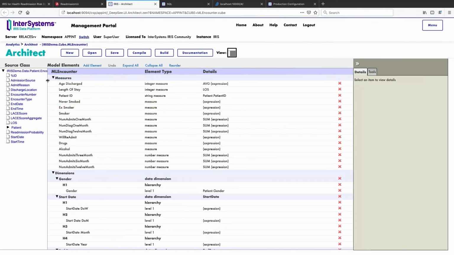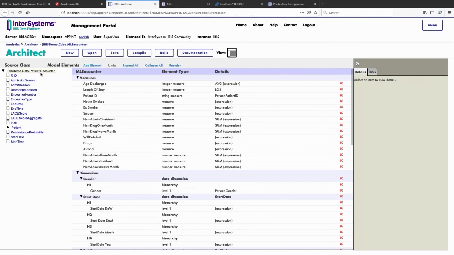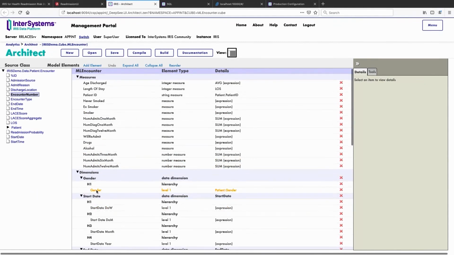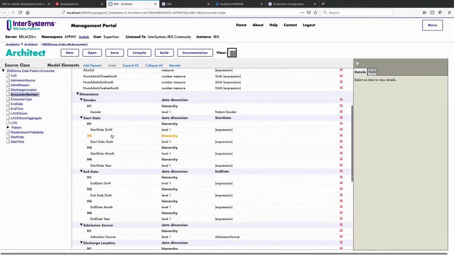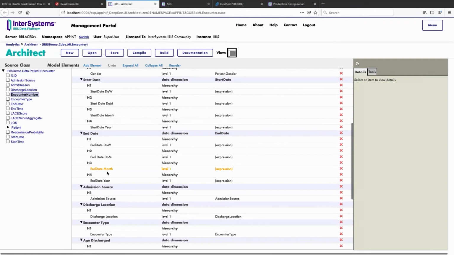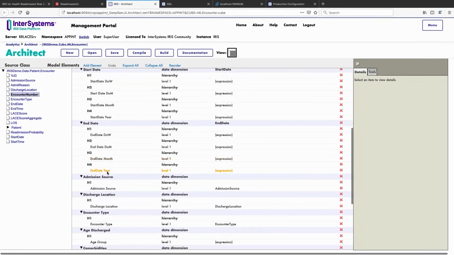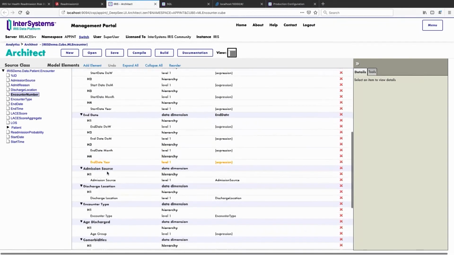You can just take the encounter table and start dragging columns, creating features, models, and measures. So here I have the gender of the patient, the start date, end date. Why is start date decomposed like that? Because depending on the time of the year, the risk is higher, and it's good for the machine learning to look at the month individually.